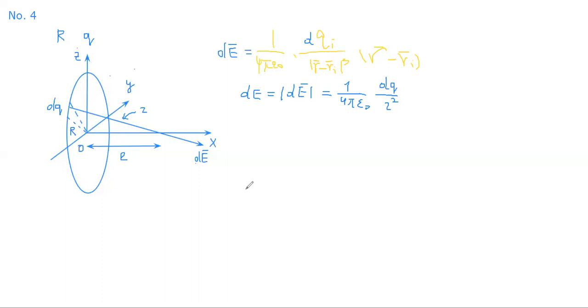The ring is perpendicular to the screen. So how to find this value, this distance r?